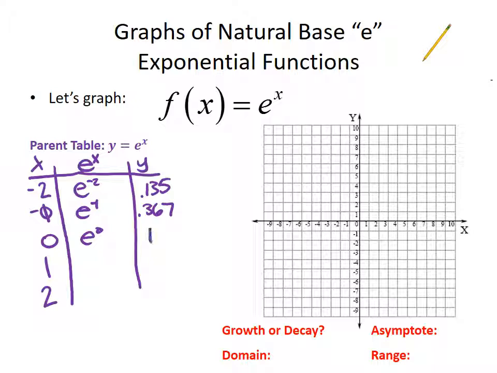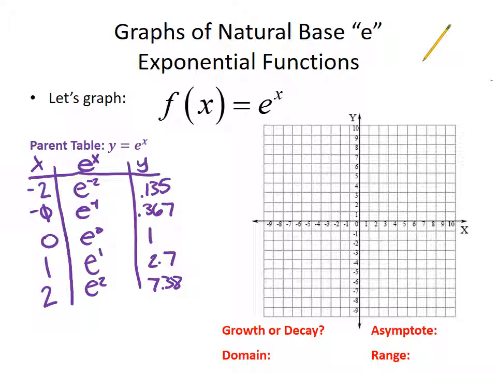Anything to the 0 power is 1. e to the 1 power is approximately 2.7, and e squared is approximately 7.38. If we go beyond 2 to 3, that's going to be above 20, so we're not going to deal with graphing those higher values.